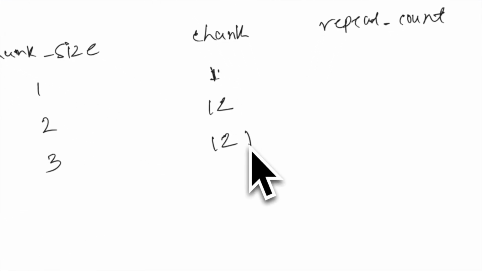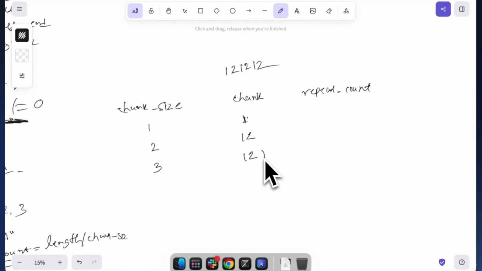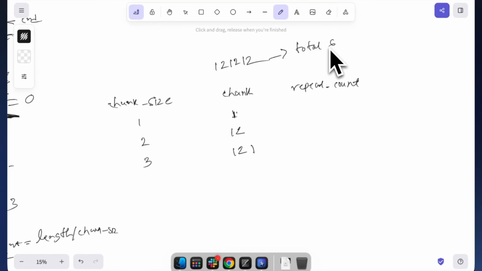And we'll create another string with the repeat count. The count will be 6 divided by the chunk size. For chunk size 1 it is 6, for chunk size 2 it is 3 repeats, and for chunk size 3 it is 6 divided by 3, so 2.